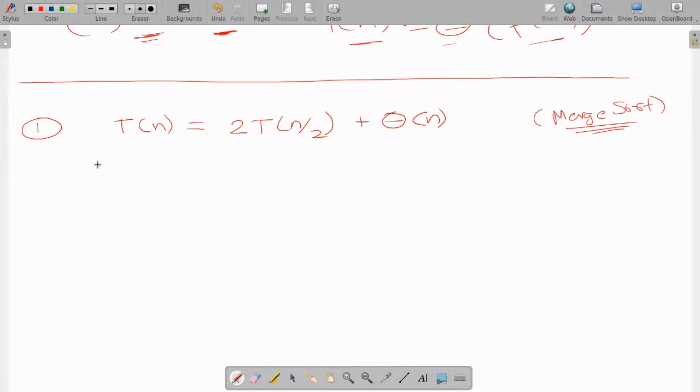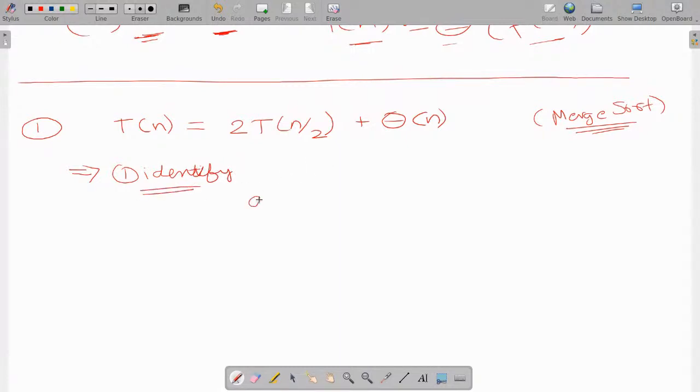Okay, I am proceeding. So we have this recurrence relation out here. The first step was to identify whether this recurrence relation is solvable using master theorem or not.